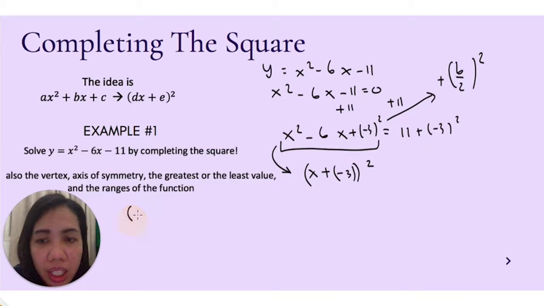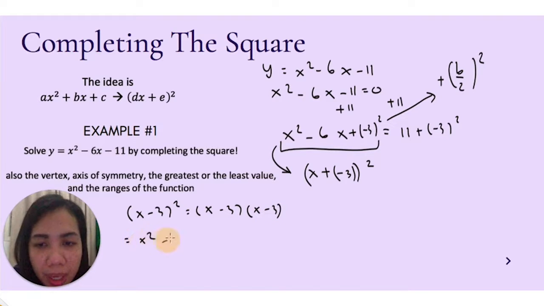So here we have x minus 3 squared, and then we just expand it: x minus 3, x minus 3, and then start multiplying them. x squared minus 3x, and then x minus 3, minus 3x, and then minus 3 times minus 3 is positive 9.